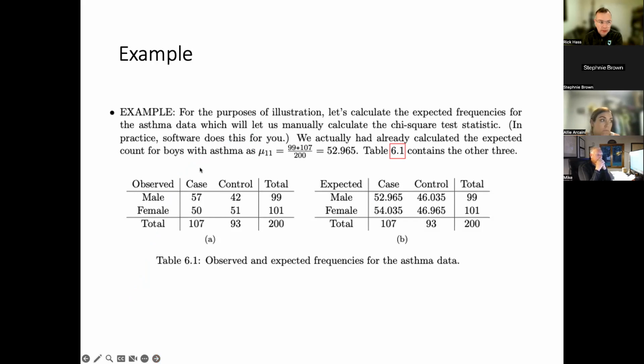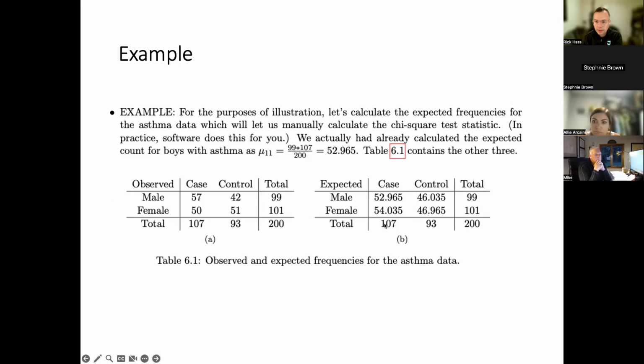One very important assumption of the chi-square test is that there are no small expected counts. Over here we see the expected cell frequencies, computed using that formula. For each cell, you multiply the row total by the column total, divide by the total.